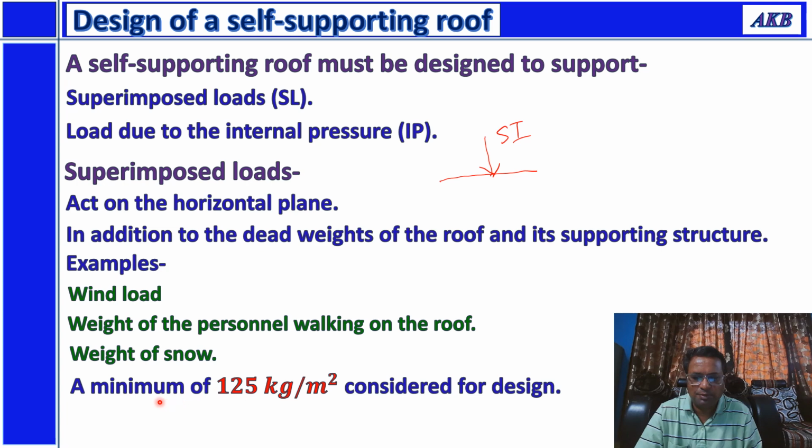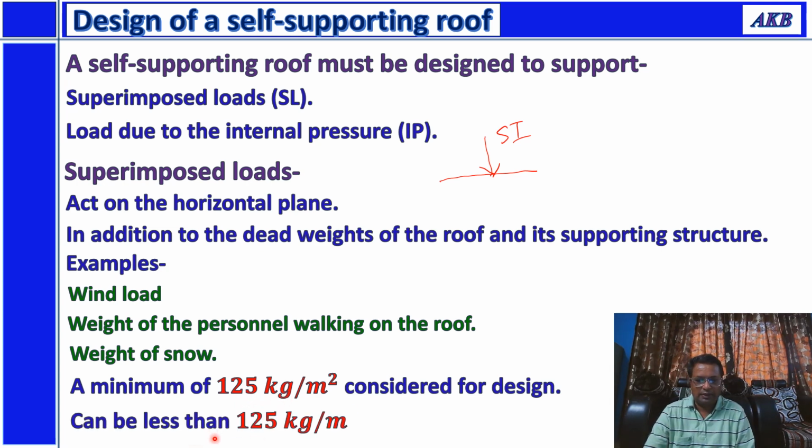And for design purpose, a minimum of 125 kg per meter square is considered. For designing a self-supporting conical roof, we consider a minimum load of 125 kg per meter square. It could be more than that, but at least you have to consider 125 kg per meter square.